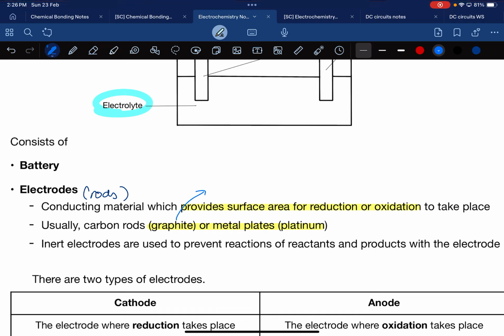Why graphite? Why can't we use just normal carbon? What is it about graphite that helps me in this setup? It's from chem bonding.